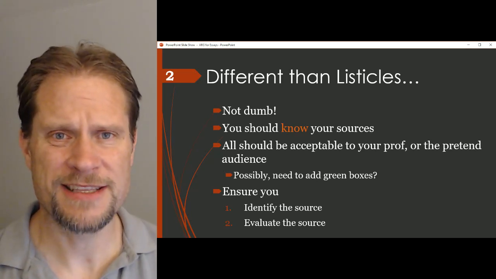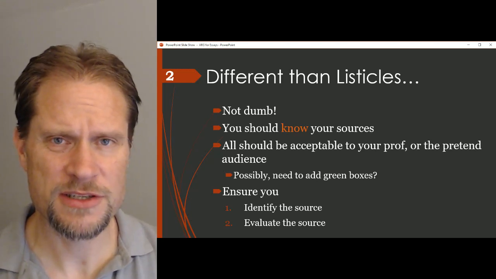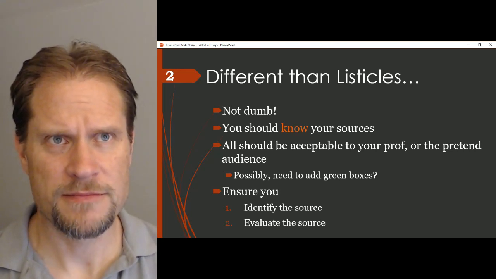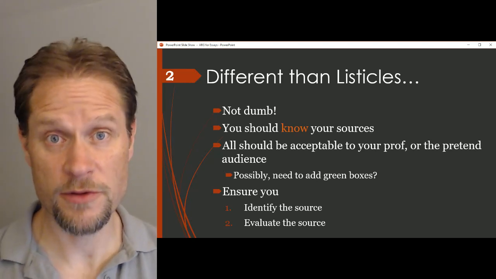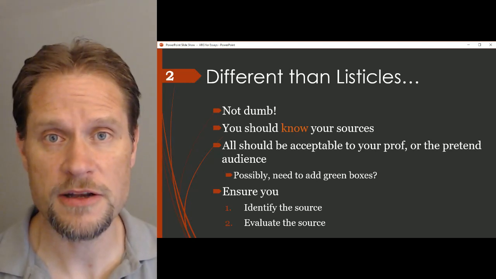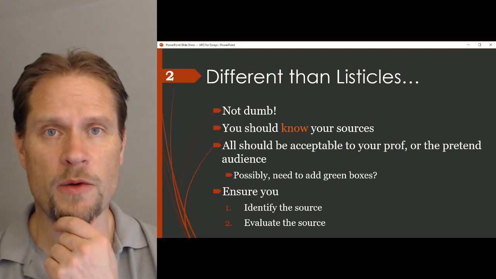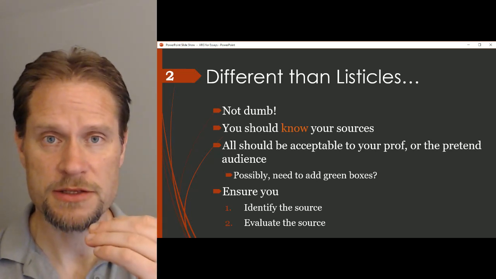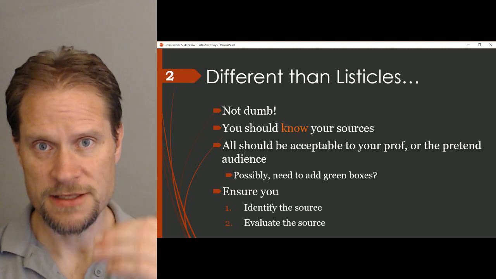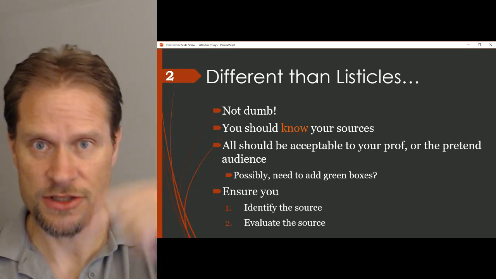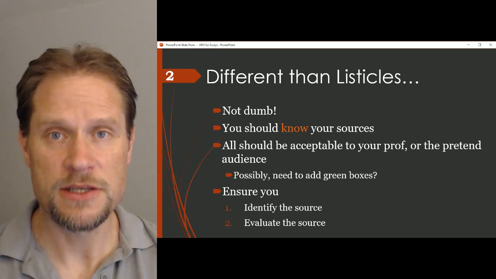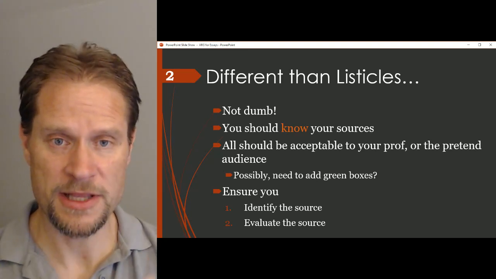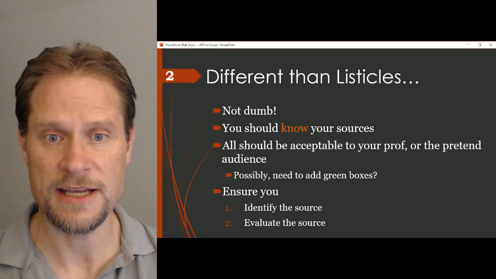If you decide that it's a questionable source, or that it's maybe too controversial and not going to be acceptable to a large enough group or to your prof in particular, then you have to think, okay, maybe I need to add another green box that's a reason to believe that thing, not just a source that points at the box that I'm talking about right now, to make it less controversial and back it up, and then we'll add a blue box underneath that additional green box.